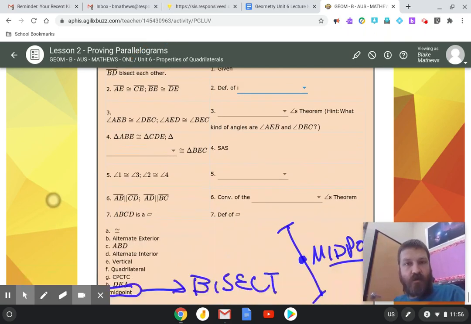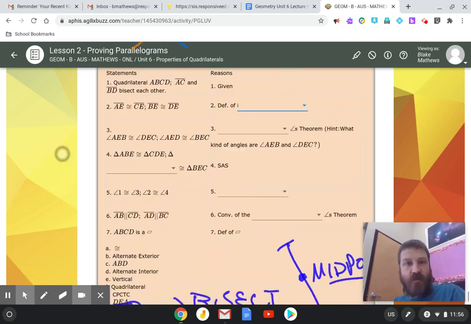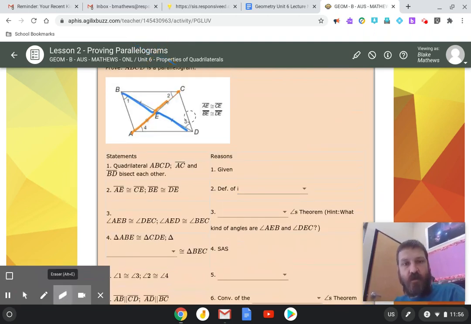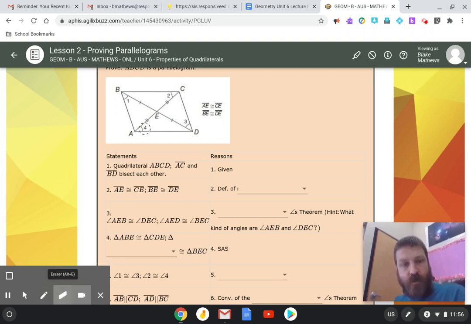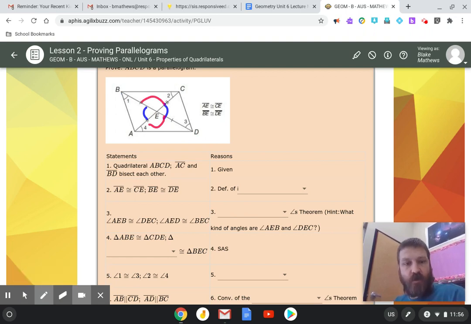All right. Next one. AEB is congruent to DEC. AEB, that's this angle, would be congruent to DEC. I just did that backwards, sorry about that. That's this one. And this one. And it says AED is congruent to BEC. So those pairs of angles are congruent.